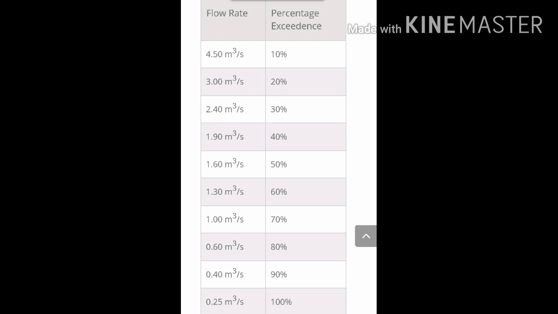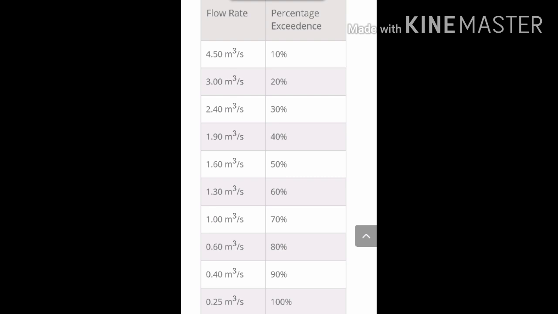Now if we draw the graph of flow rate versus the percentage of time for which the flow is available, then the graph is called flow duration curve.